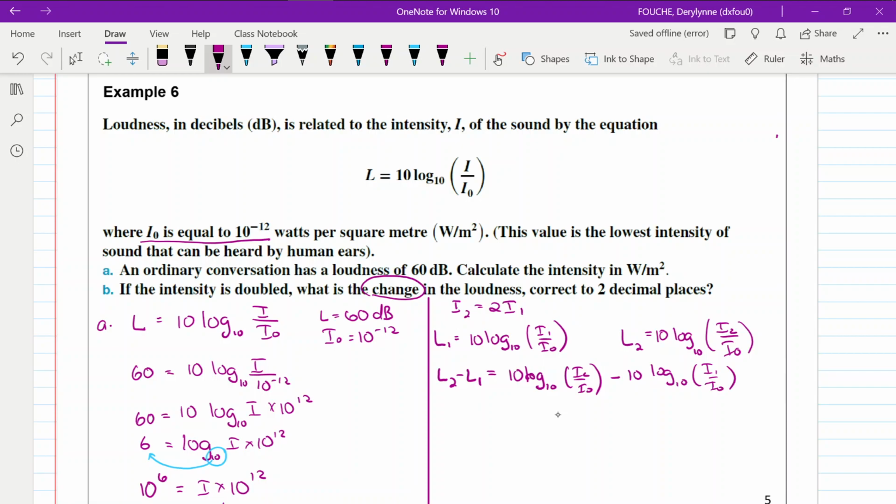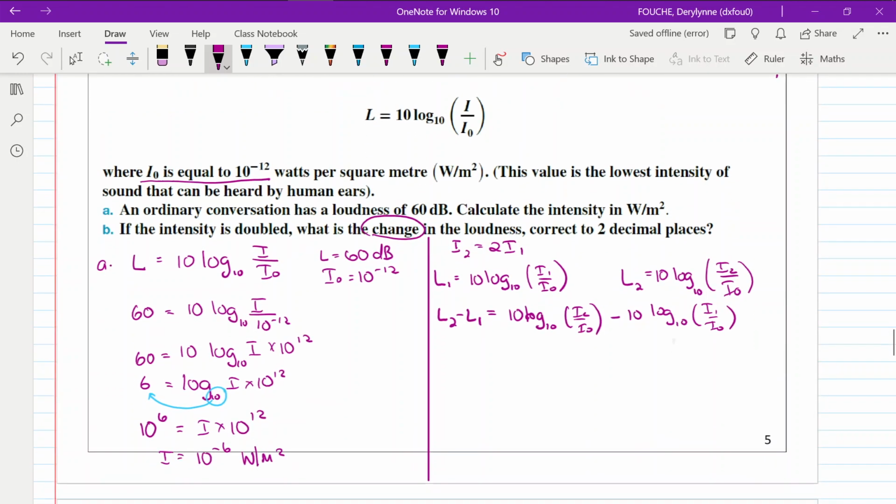Alright, are you starting to see that I'm going to be able to use my log laws here? So L2 minus L1. Let's put in that I2 is 2I1, so that we're only dealing with I1s and I0s. So 10 log base 10 of 2I1 over I0 minus 10 log base 10 of I1 over I0.